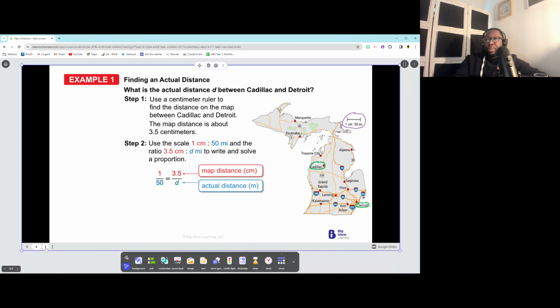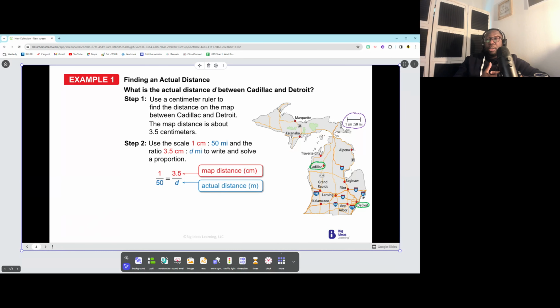On the map, we see that 1 centimeter is for 50 actual miles, and we measured that the distance between Cadillac and Detroit is 3.5. How would we then solve this? What have we done in the past that allows us to solve two ratios that are being compared?